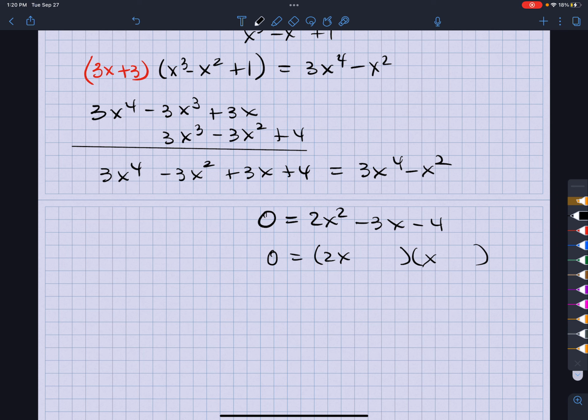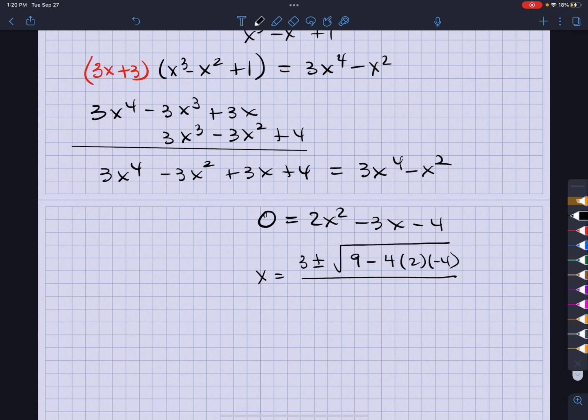No. Can't do 4 and 1, 1 and 4, no. 2 and 2, no. So this is not factorable, so I'm going to have to try the quadratic formula. x equals negative b plus or minus the square root of b squared minus 4 times a times c all over 2a.